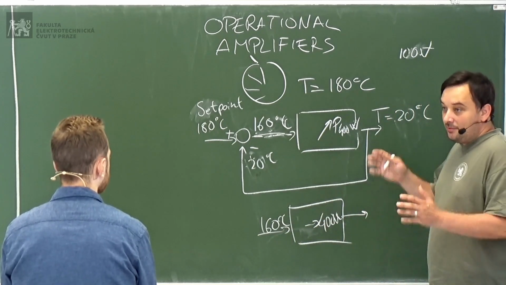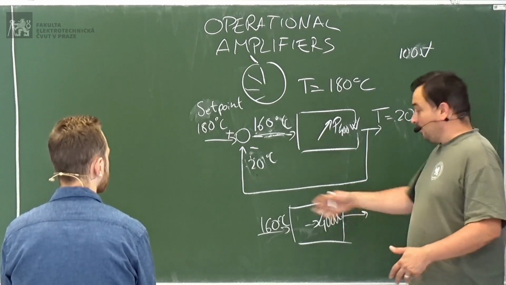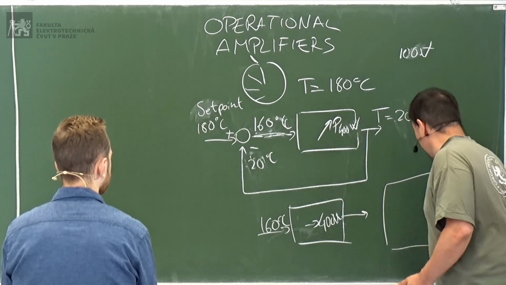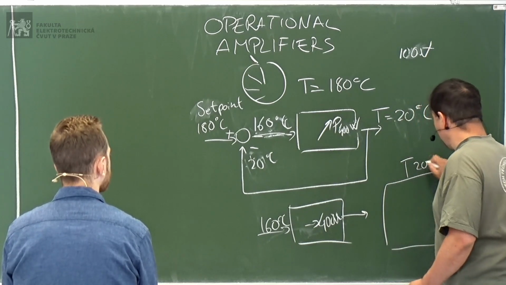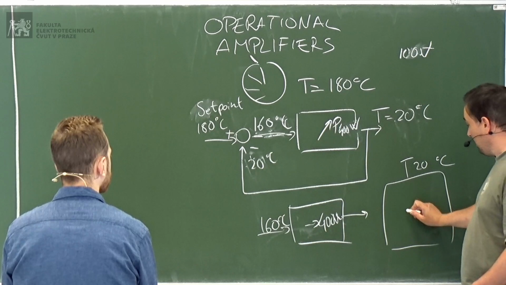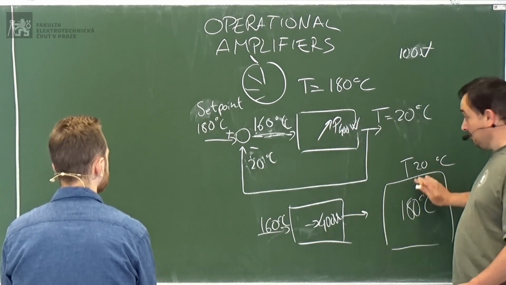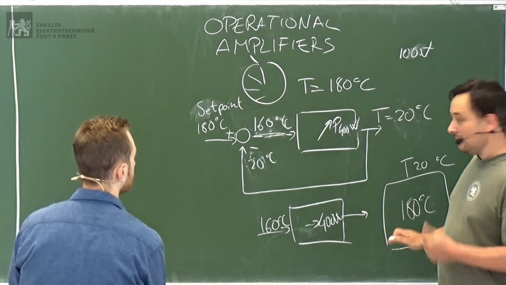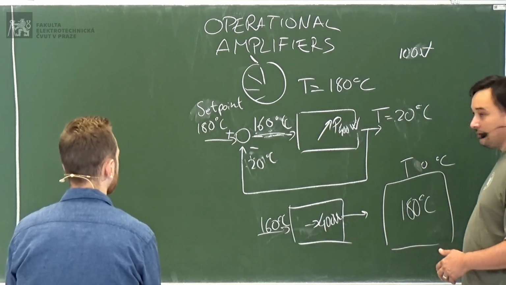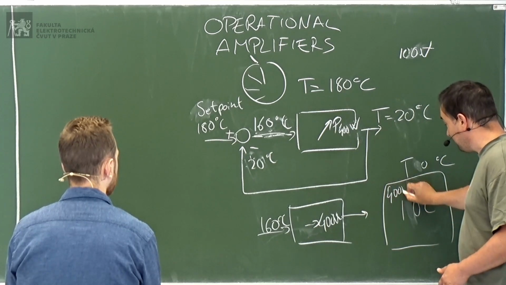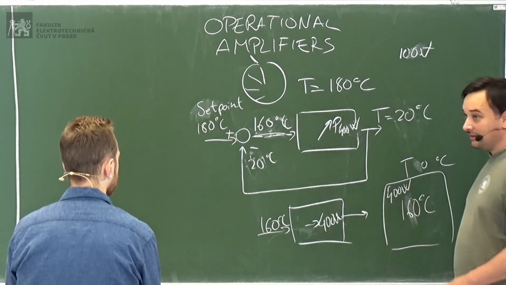Inside the oven will be 180 degrees, and outside I have 20 degrees. But then, if, see, yes? No, I'm interrupting you. So if the environment becomes 0, I still give 400 watts, and it becomes 160.